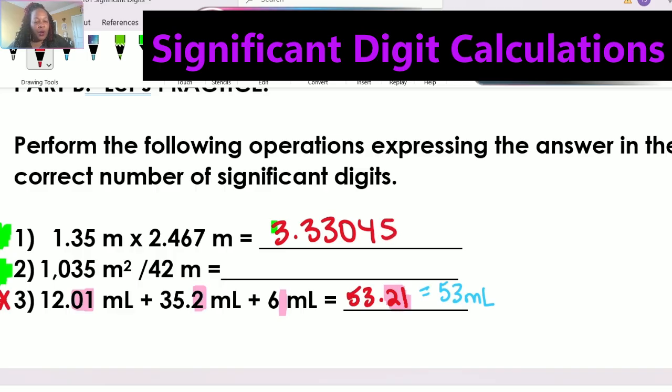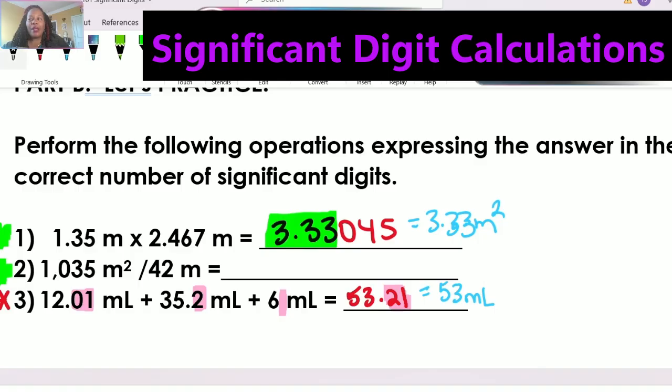All right, so we know we only need 3 of those numbers, and so far I saw 2 answers that came through. 3.33 is the correct answer because that 0 doesn't make us go up or down. We just keep the number as is. So the answer becomes 3.33 meters squared. Okay.